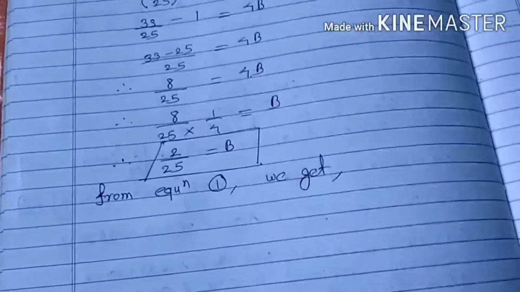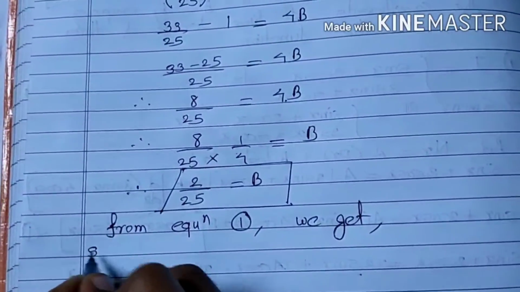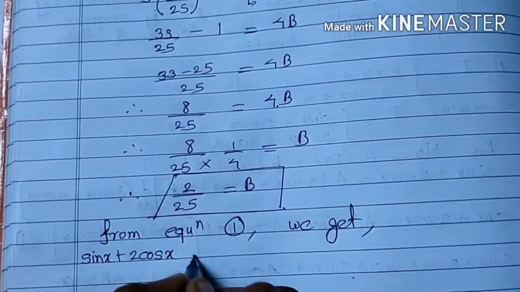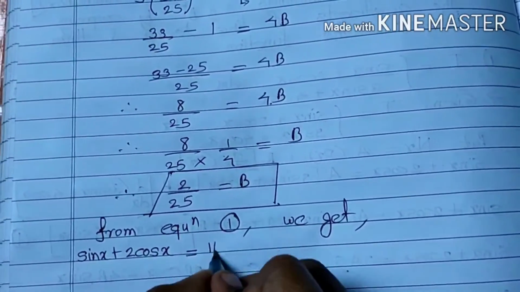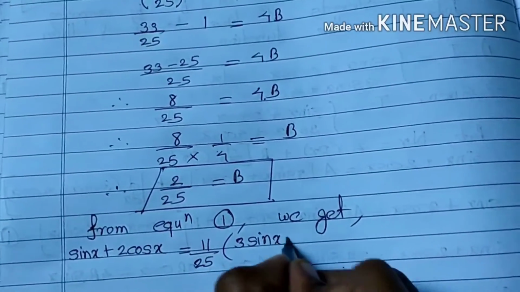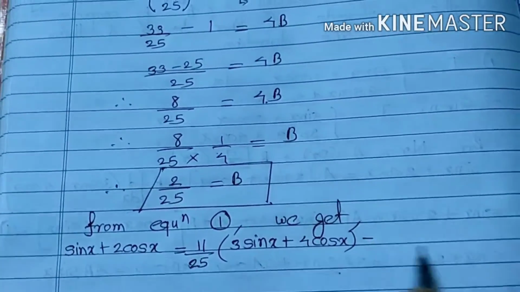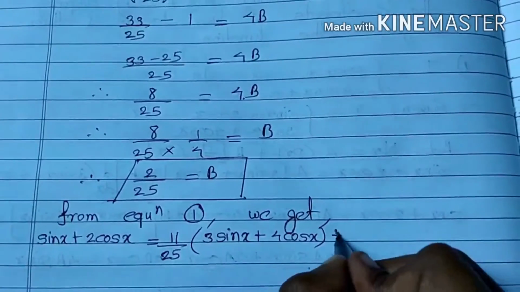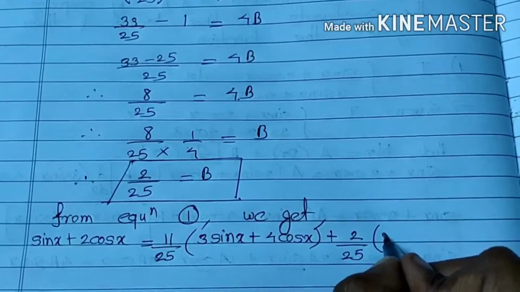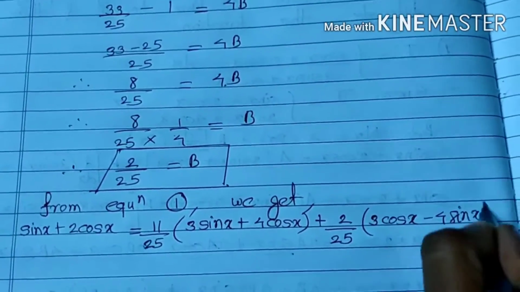from equation 1, sin x plus 2 cos x is equal to the value of a, which is 11 upon 25, into (3 sin x plus 4 cos x), and the value of b is 2 upon 25, into (3 cos x minus 4 sin x).